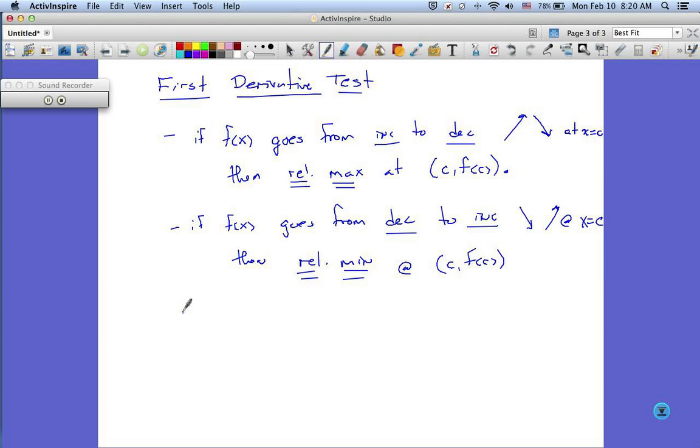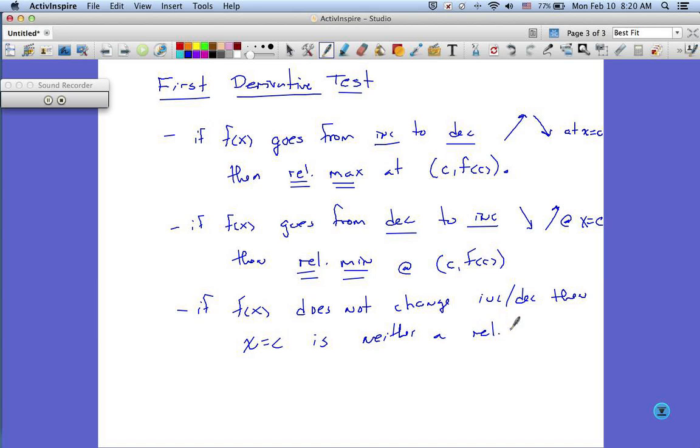And then, of course, if f of x does not change from increasing to decreasing, then x equals c is neither a relative max nor a relative min. And that is your first derivative test there.